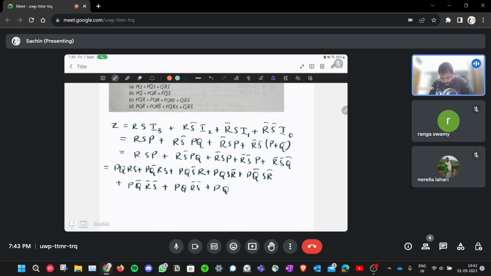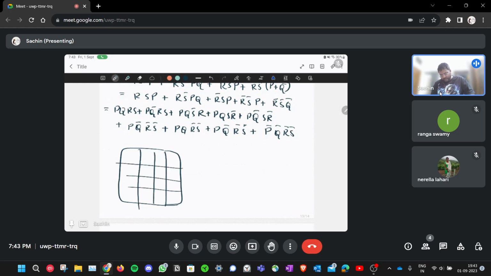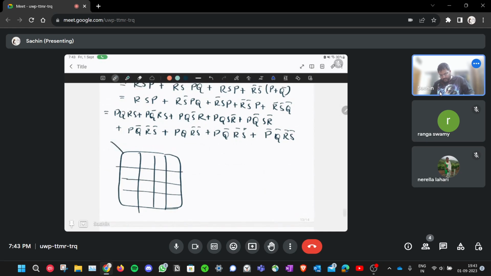This thing is PQ bar R bar S bar plus P bar Q bar R. Okay, maybe we get a better answer with a K map.